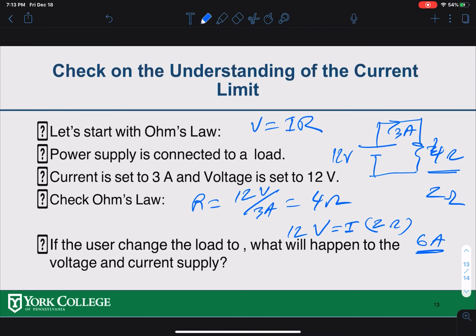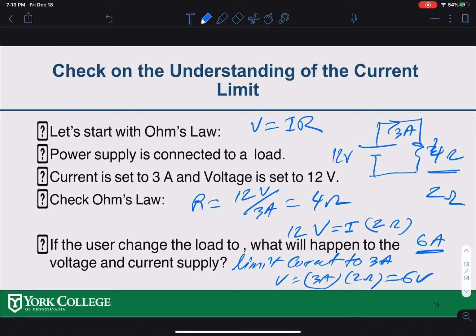But if you limit your current to 3 amps, then what will happen? To obey Ohm's law, you have 2 ohms and 3 amps, so your voltage should be 3 amps times 2 ohms, which is 6 volts.